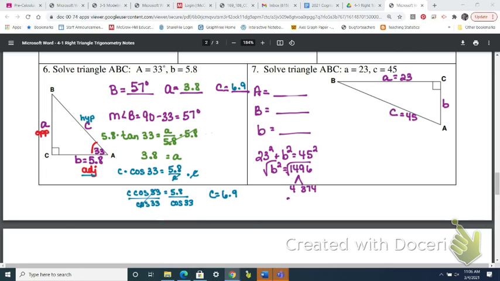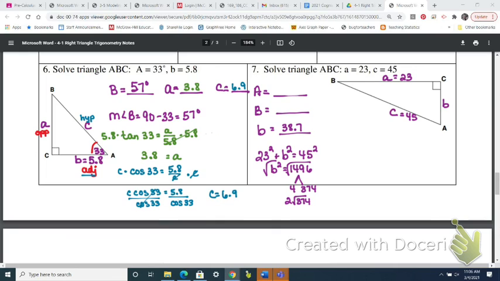So this ends up being 2 square roots of 374. Okay, or at this point, since I said you could find everything to the nearest tenth, just plug in square root of 1496, and I will get 38.7.